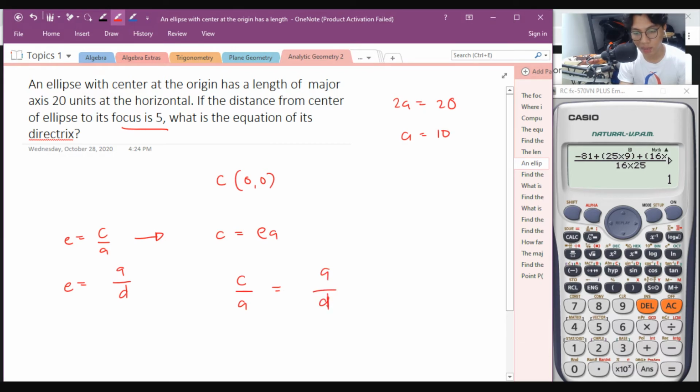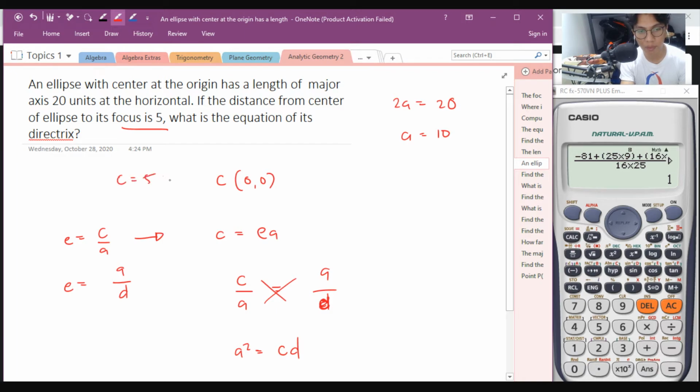D is the distance of the directrix. Cross multiply: A squared is equal to C times D. Do we have C there? C is the length of the focus, and our C is 5.